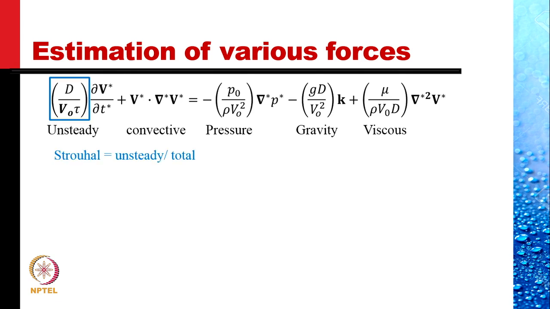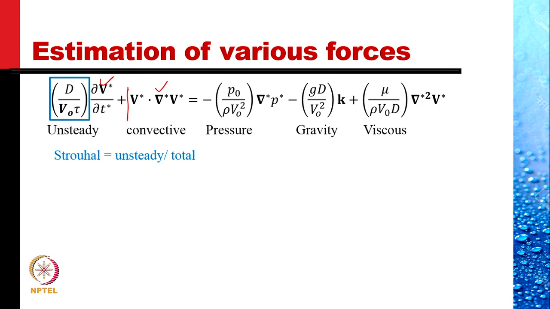Now if these are of order 1, the coefficient of the unsteady term can then be seen as the ratio of the characteristic unsteady force divided by the convective force where the coefficient is 1.